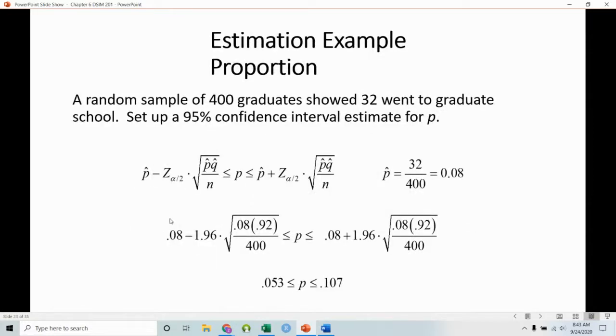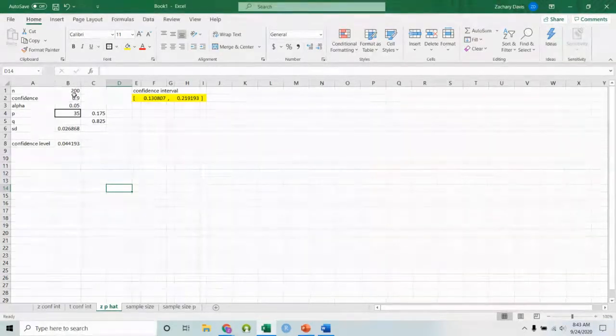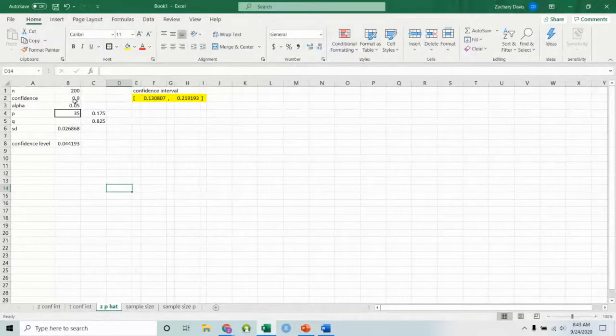So when dealing with proportions, there is not a built-in Excel function, so it will take a little more manipulation than usual. Here, we will need to write the formulas to manually calculate out the values. So for finding the z p hat confidence interval, let's modify it.